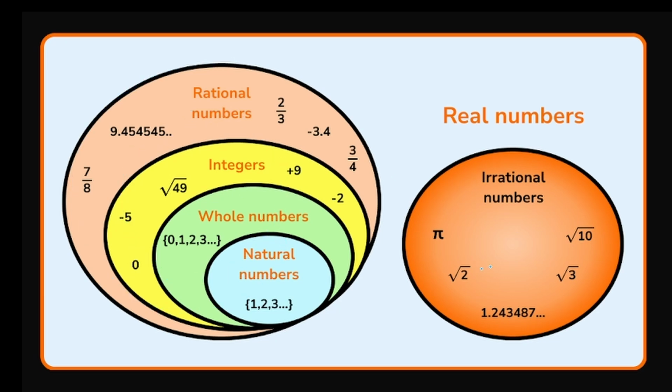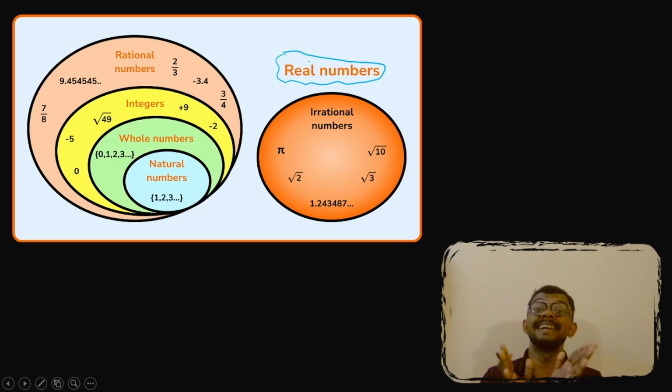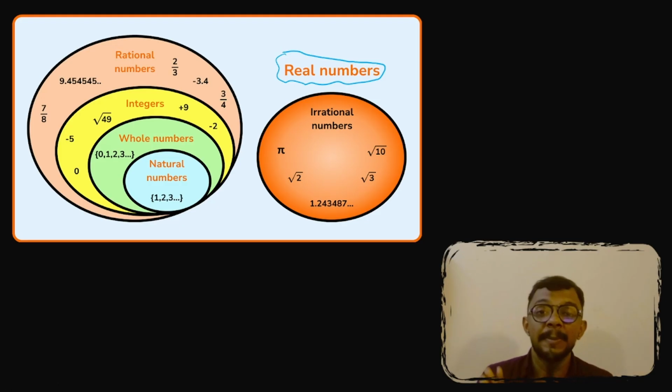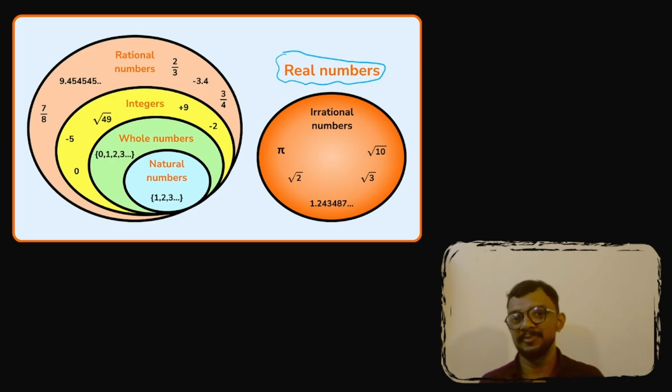Now there are some new numbers which are completely different from rational numbers, called irrational numbers. Together, rational numbers and irrational numbers are called real numbers. For a ninth class student, any number you have learned so far will usually be a real number.